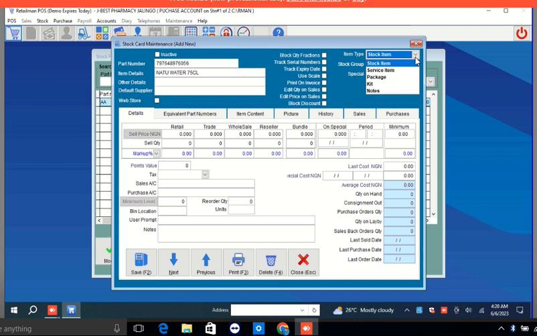Then it's a service item. For example, dressing a wound and so on, there is a charge. You can create it and put the amount you are charging on it. When somebody comes, the person selling will be able to use that name to print a receipt for that person. That is a service item.